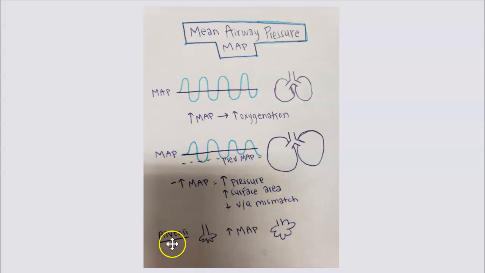And the way we're decreasing VQ mismatch is, here's our little alveoli that are being oscillated. See how this one is a little bit collapsed, not doing so good. We increase our mean airway pressure, and all of a sudden we are well recruited. We're allowing proper ventilation. We're working appropriately. So this is our little alveoli diagram of what happens when we increase mean airway pressure.